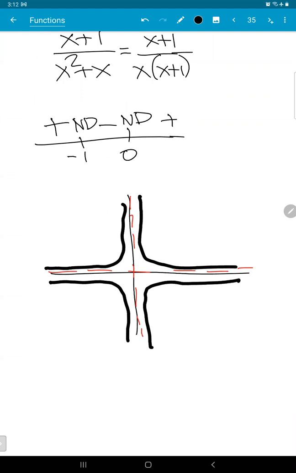And you just have to base on the sign chart. Okay. So if you look at, this is 0. Left side. Sorry, I'm wrong with the sign chart.